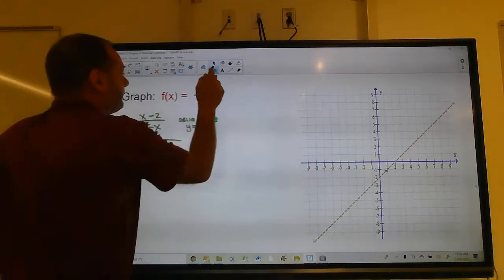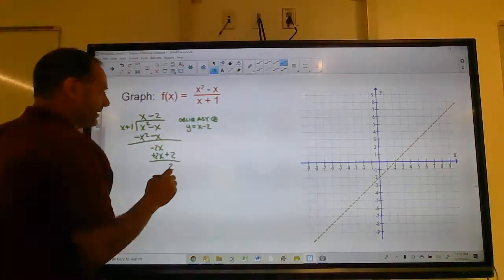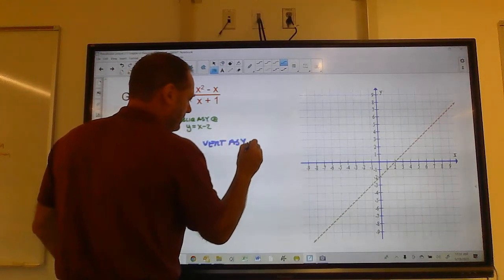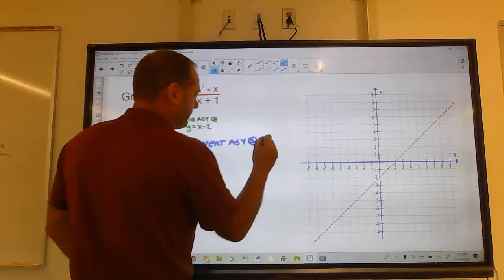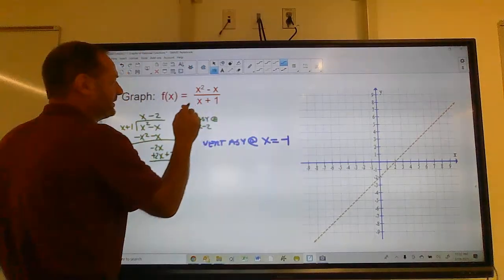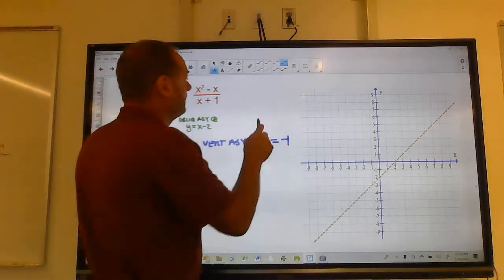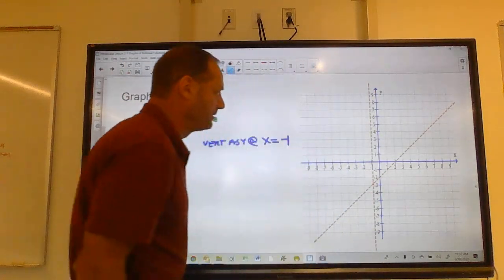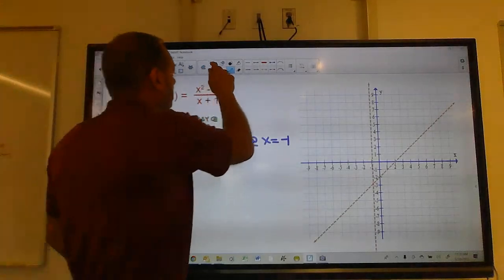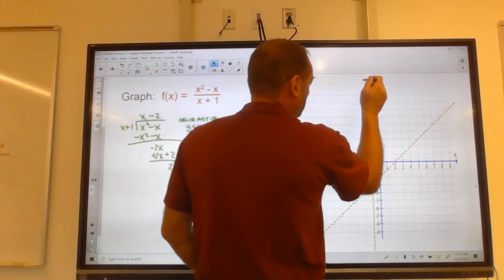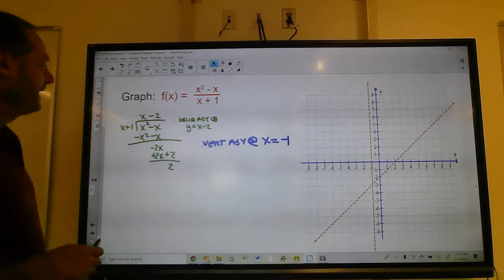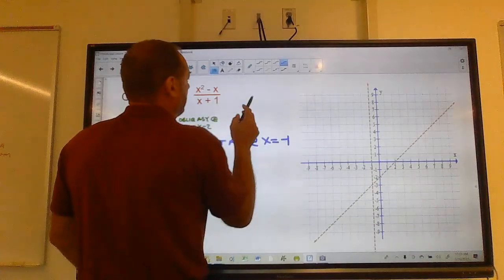Now, this will also have a vertical asymptote at x equals -1, because that's when the denominator is 0. So I'm going to go ahead and put that asymptote in there. So we got that. I should have factored this thing right off the get-go.